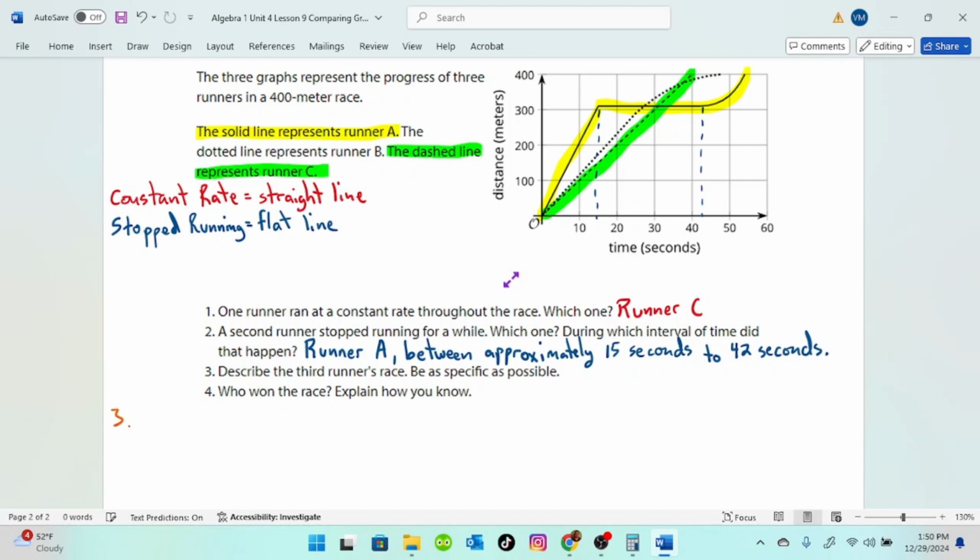So I'm going to put this down here. Runner B ran at a constant rate for approximately just under 30 seconds, maybe 29 seconds.